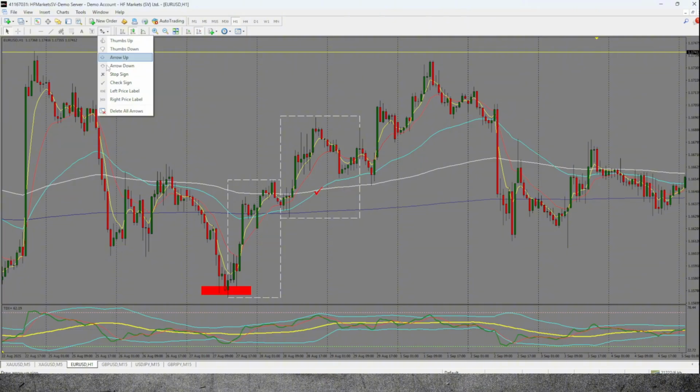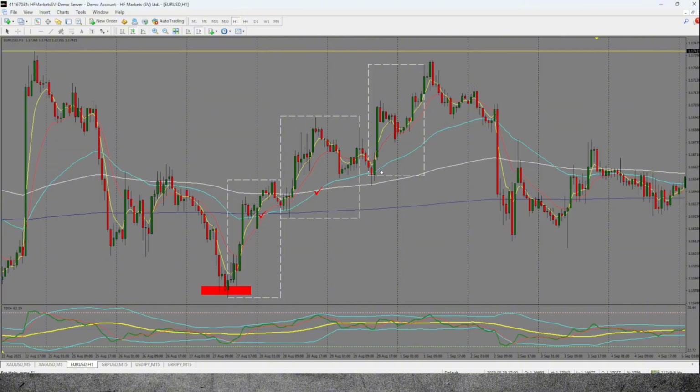So we had a 13 crossing 50, then we had a 200 crossing 50 here for level 2, and then for level 3 we need to see the market touching the 50 EMA, like in this case. It should be touching the 50 EMA, like in this case.